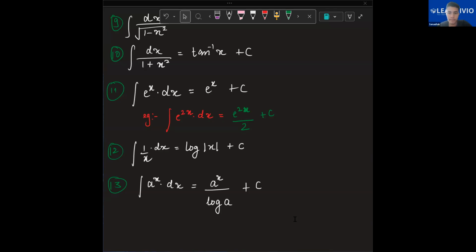Okay, have you written these formulas somewhere? Yes, sir.